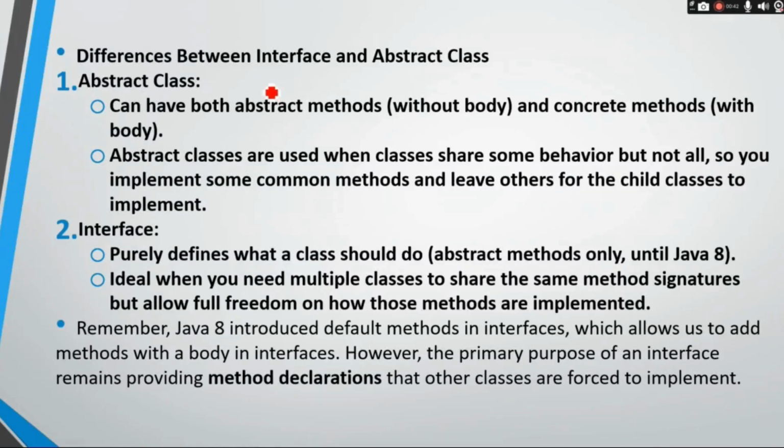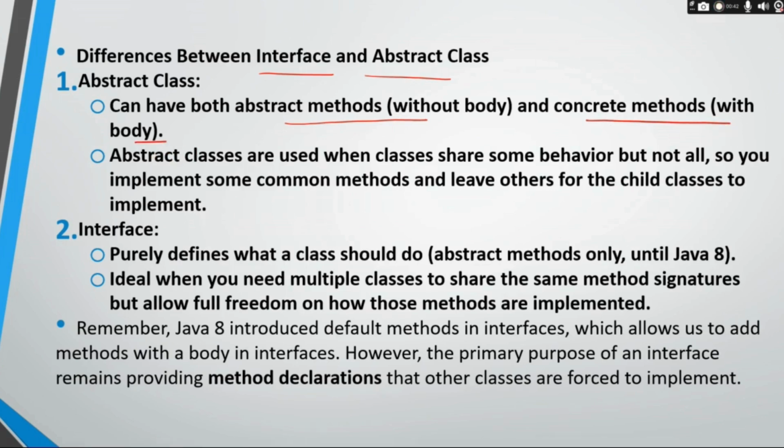Okay, so now the question is: what is the difference between interfaces and abstract classes? This is something that often confuses beginners, so let's clear it up. An abstract class allows you to mix both abstract and concrete methods. This is very, very important. An abstract class allows you to combine both abstract methods, which are without a body, and concrete methods, which have a body.